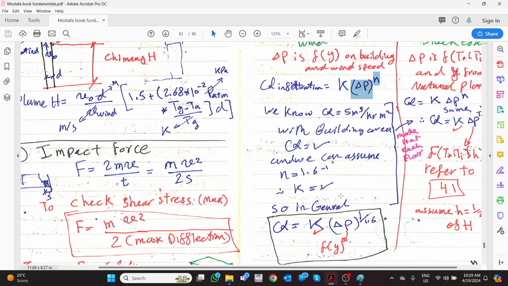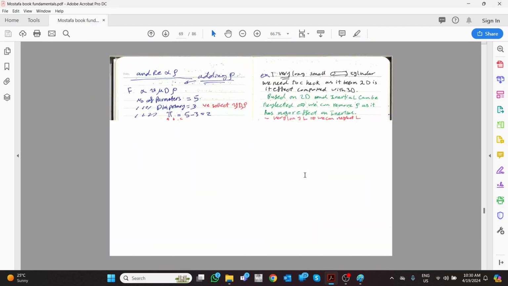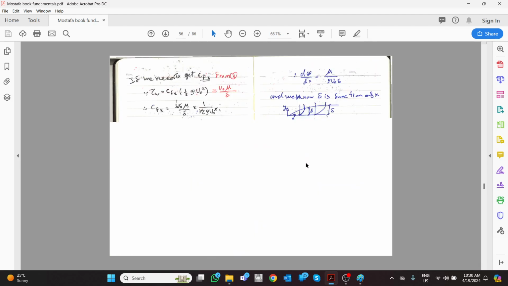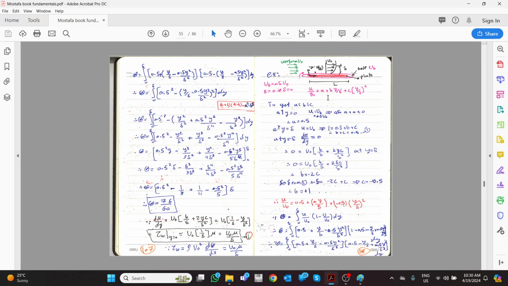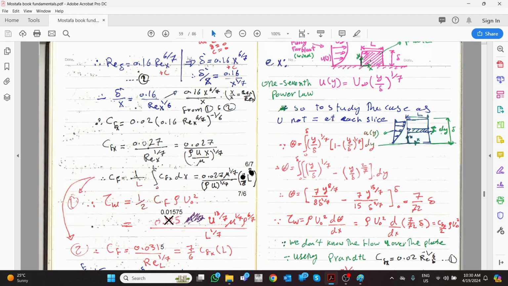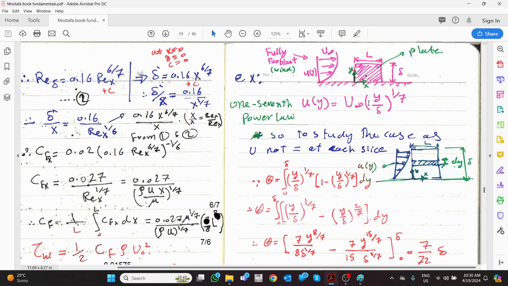So based on this, we are going to have a function based on v squared, but because v is a function of y, as we discussed earlier, if we use the seventh power law, the velocity is equal to the height over 7 times u infinity, or you can even use the building code, or there is other.